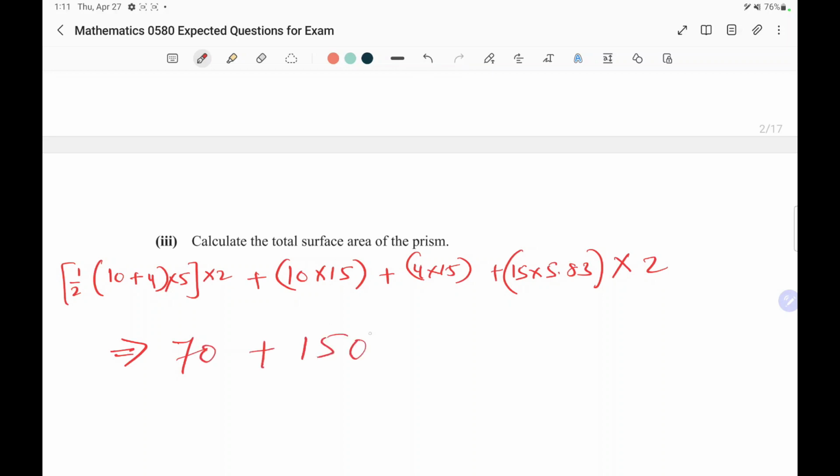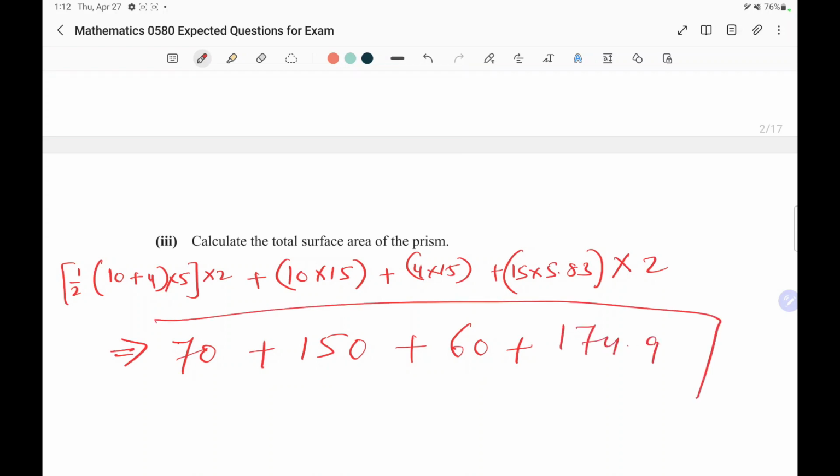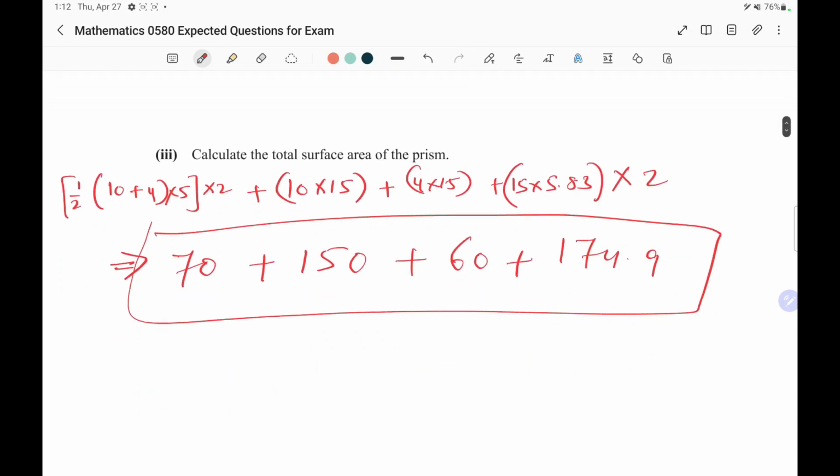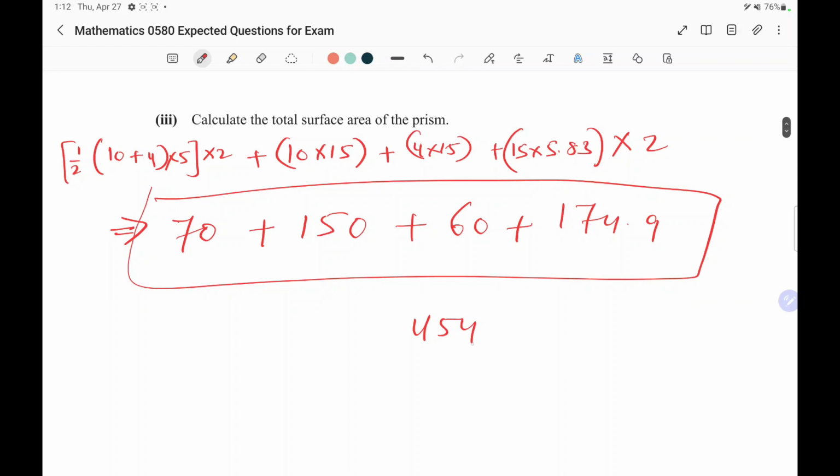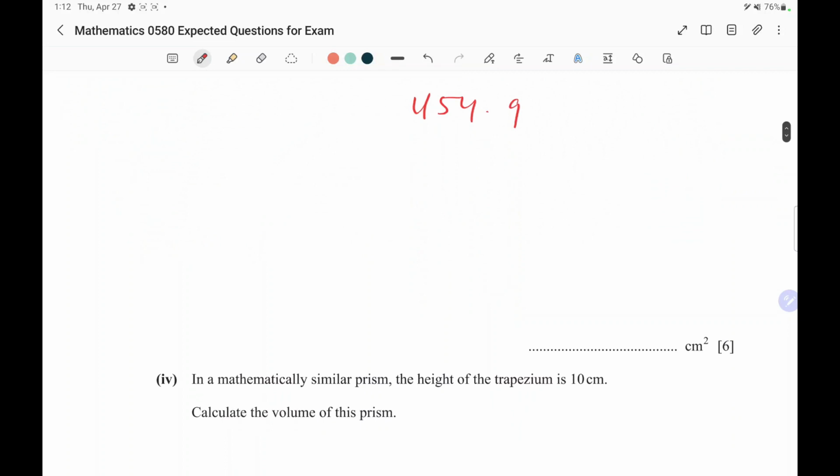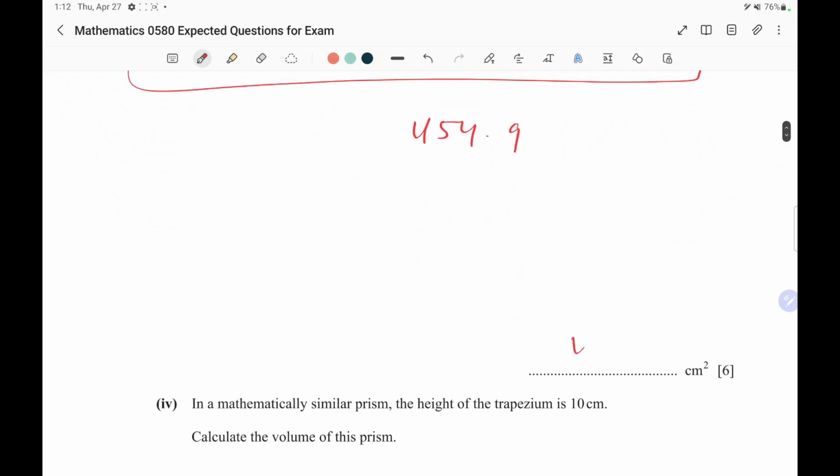Now this is 150, 4 times 15, that is 60, and 15 times 5.83 times 2, that is 174.9, and then we have to add all, so plus 60 plus 150 plus 70. So what I got is 454.9, right? So this should be the answer, 454.9.